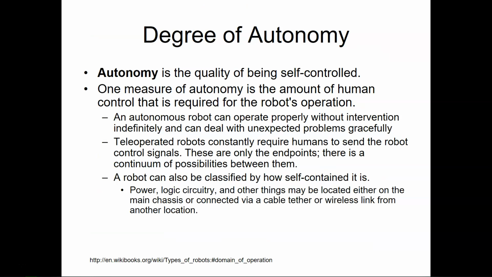So then we talk about what's called the degree of autonomy. This is the ability for it to self-control. The best way I can say this is how much human interference is necessary. For something like a bomb robot, you cannot teach it every way to disarm a bomb.